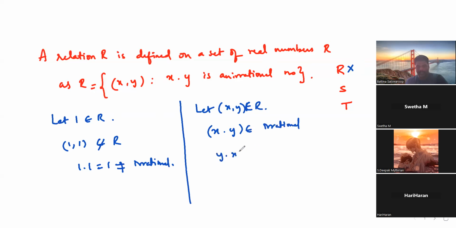Then y dot x will also belong to irrational values. Right? So I can say (y, x) will also belong to R. Therefore, it is symmetric. Correct?